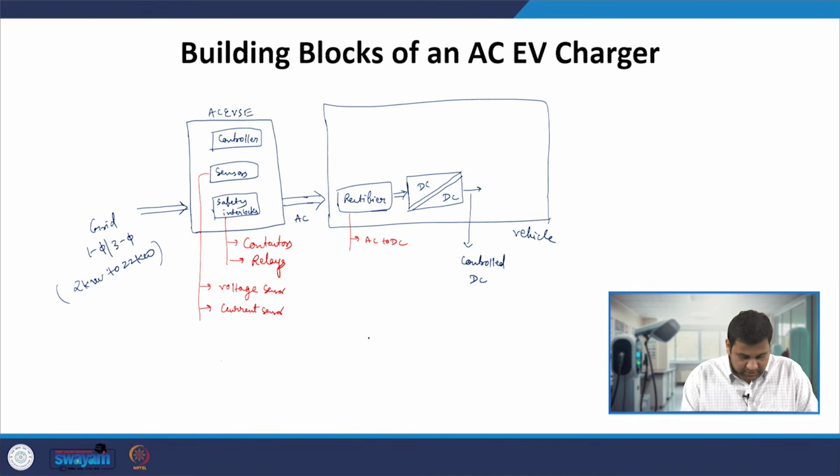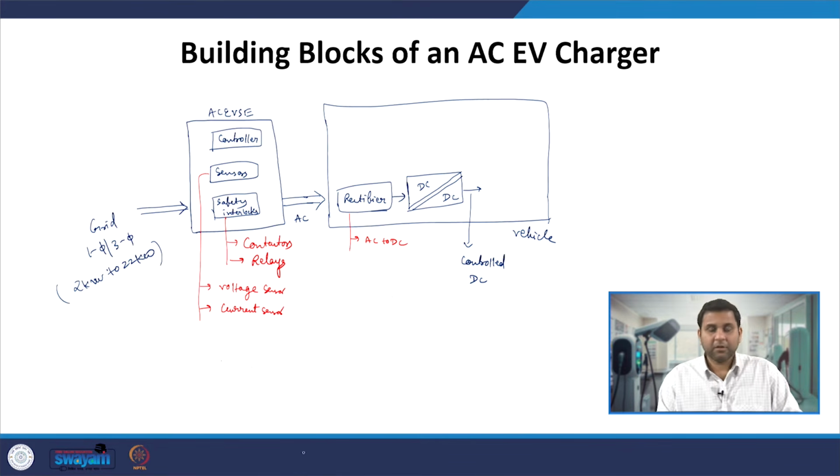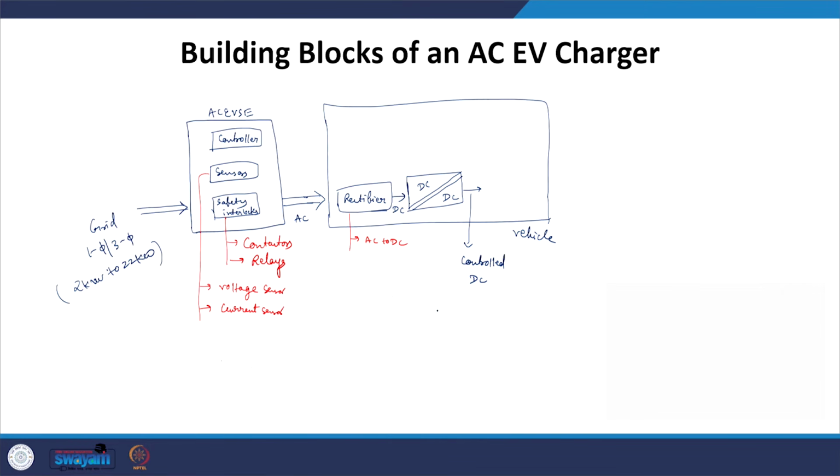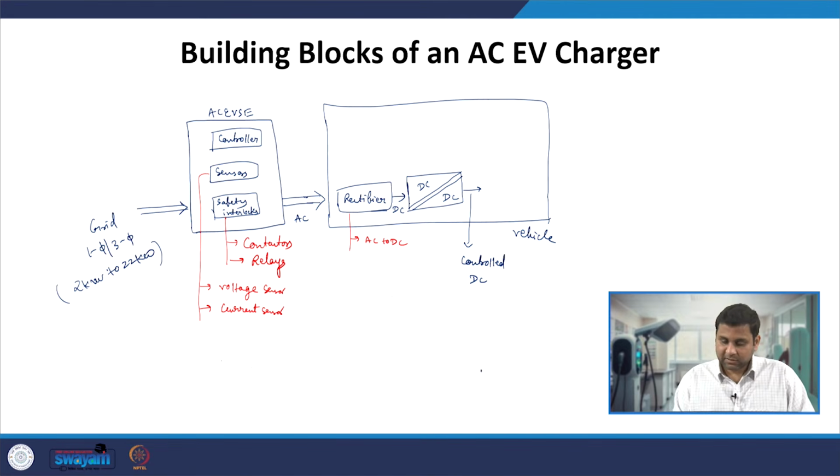Then after that, let me uniformly define the arrows. So this will be in this manner. Here you have a DC, and then you have the kind of DC output you want at its output. This isolated DC-DC converter can be operated to give you that.